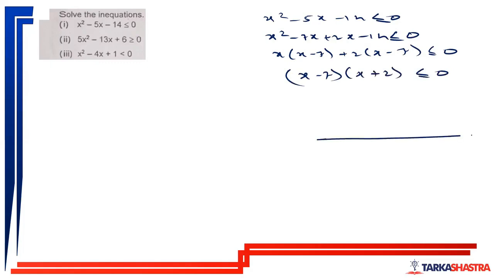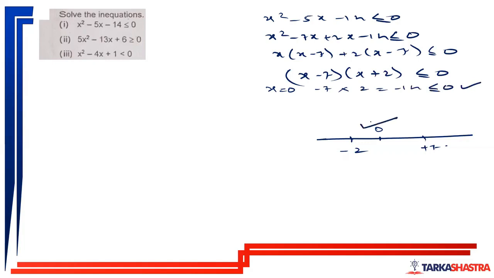Let us try to plot it over here. What we have, positive 7, and this is x plus 2, so it will be minus 2. Try to find out the value for any one point. So let us say x is equal to 0. If I put x is equal to 0, this is minus 7 multiplied by 2, which is minus 14. Is it less than or equal to 0? Yes, it is.